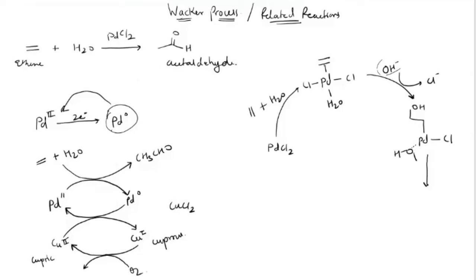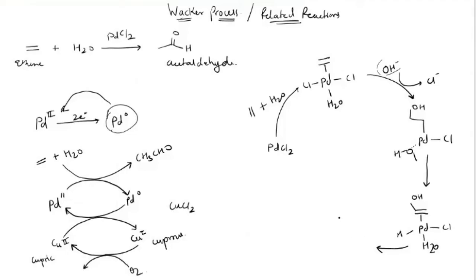Then beta elimination of hydrogen will take place, and you will get this type of complex. Again, the oxidation state of palladium is not changed. It is one and the same.